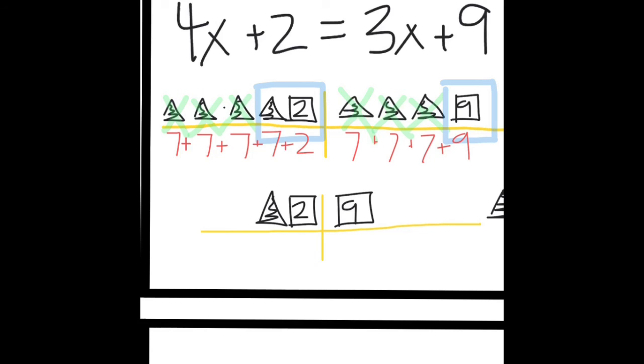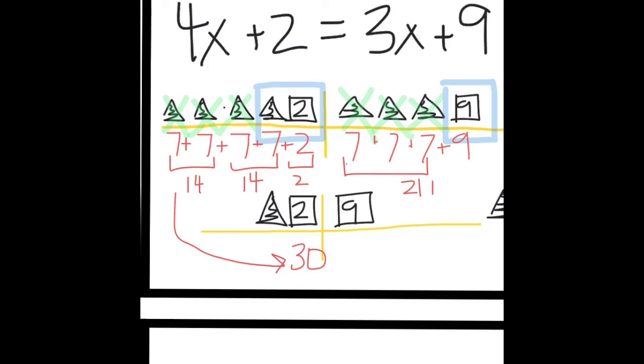You could also do a little bit of adding this way and do 14, 14, and 2. Hopefully when you added, you would realize that you get 30 on the left, and this is 21 plus 9, 30 on the right. So we are correct. Our strategy worked.